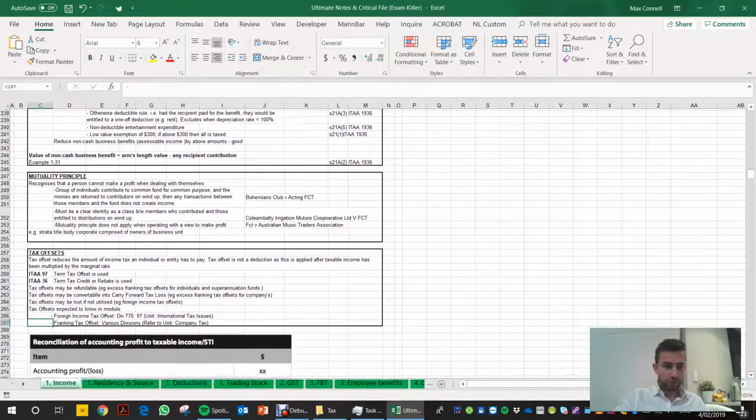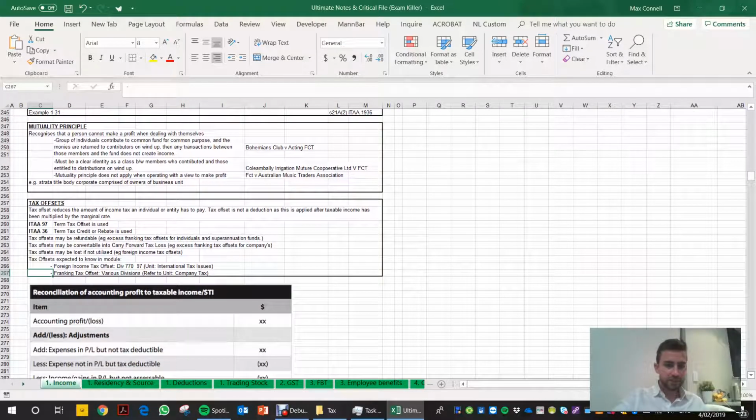Okay, moving forward. So tax offsets. We talked about tax offsets before and how they're so much better than deductions, because they don't just reduce your taxable income before your tax rate, they reduce your tax payable after your tax rate. So tax offsets reduce the amount of income tax an individual or entity has to pay. It's just talking about the distinction between that and a deduction, which I think you now understand.